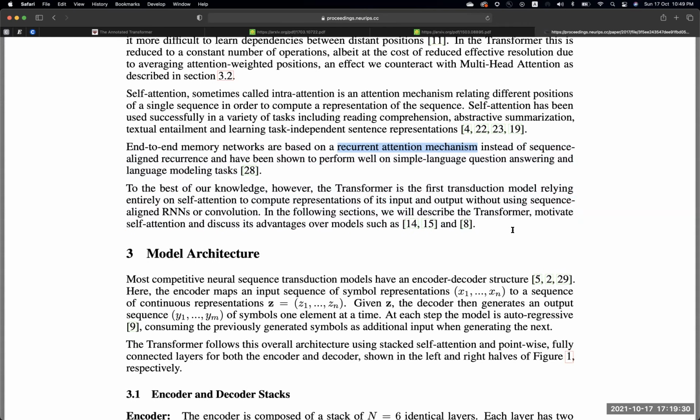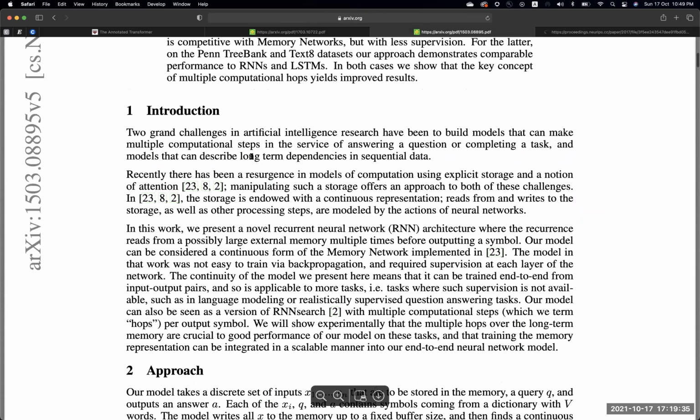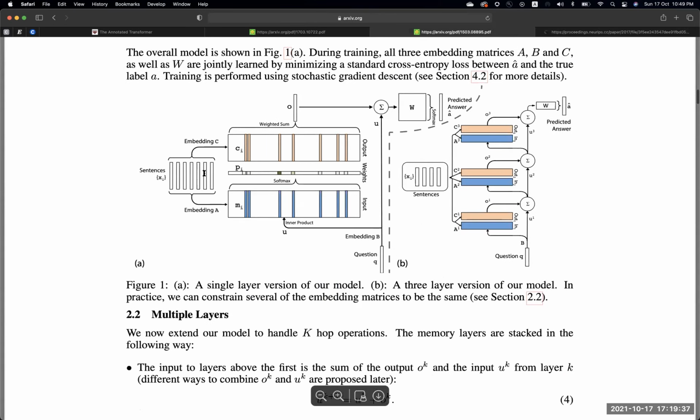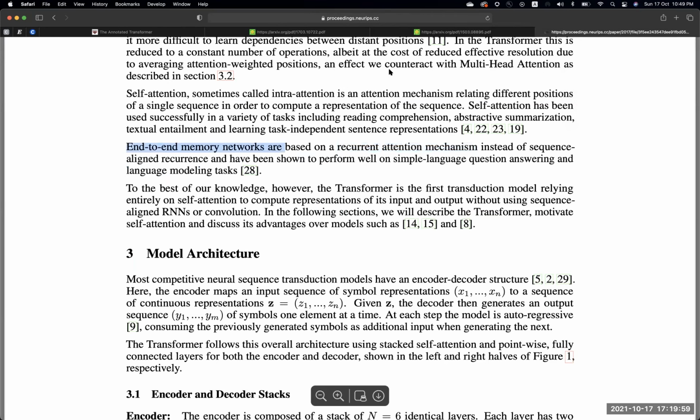What they're trying to do is take in all the sentences, take the question query, have some embeddings, convert them, and take up all the sentences together, and that's how they are trying to mimic the attention. This is the architecture for a memory network. Yeah, they are referring to end-to-end memory networks, as they are based on recurrent attention mechanisms.